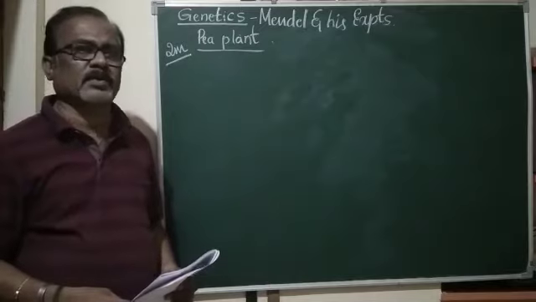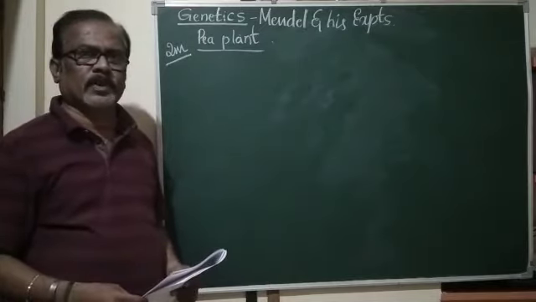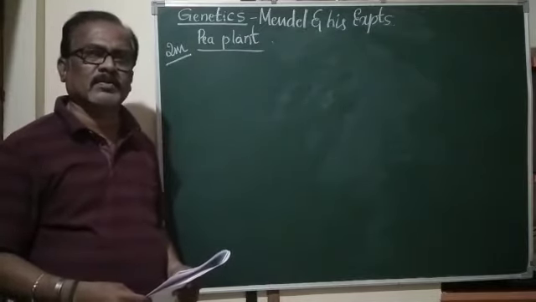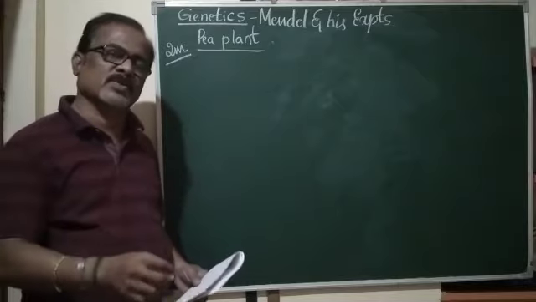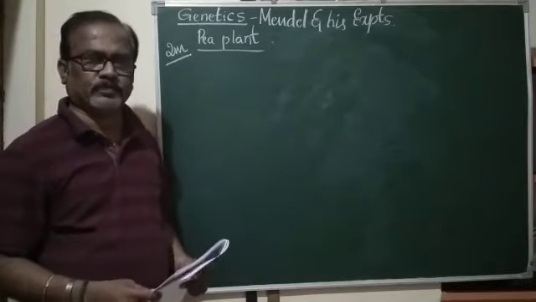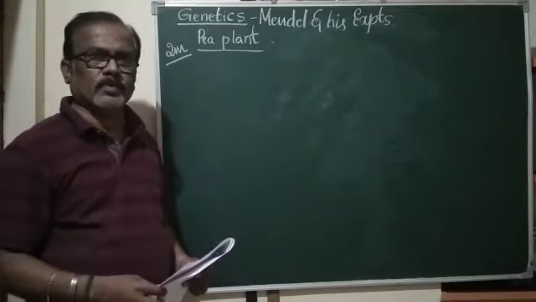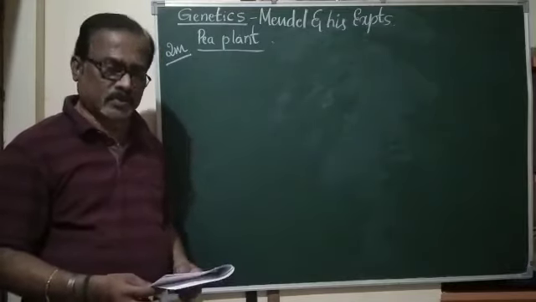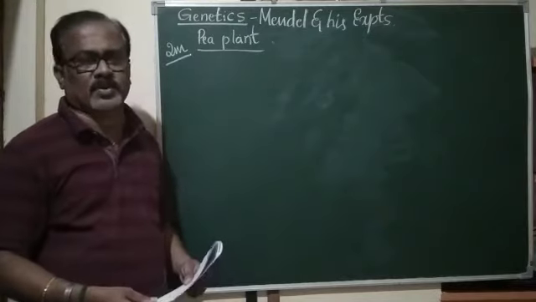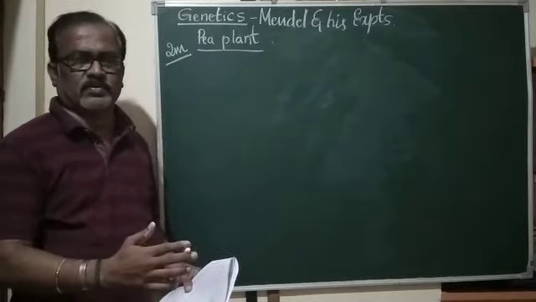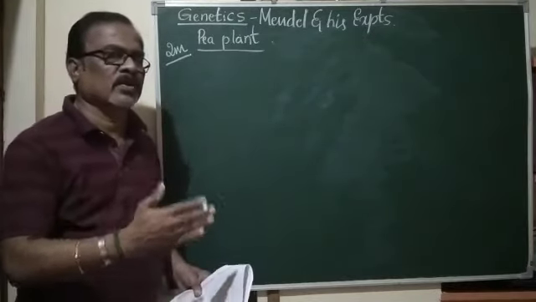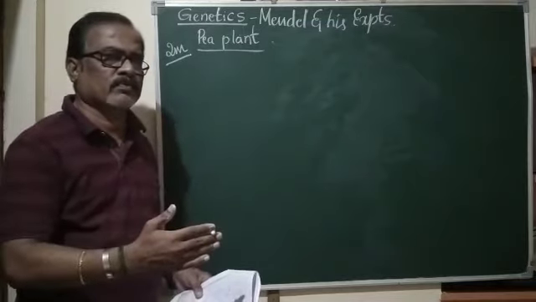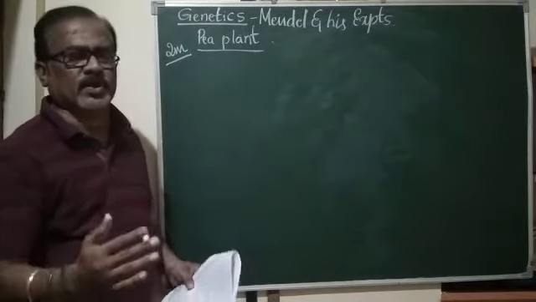Homo means similar. Individual or the zygote having similar genes for a character. So they are homozygous, and it is easy to get pure lines for many generations. Pure lines means having the same character without any change from generation to generation.